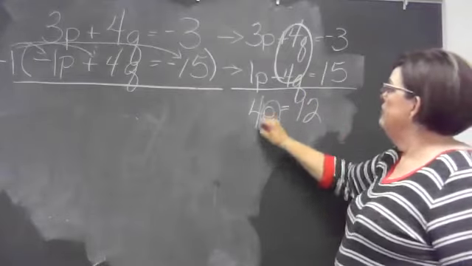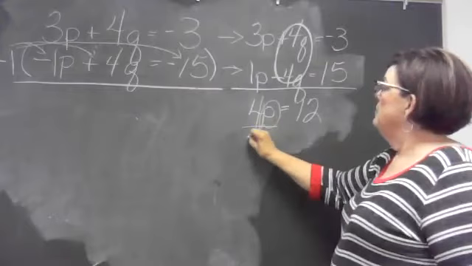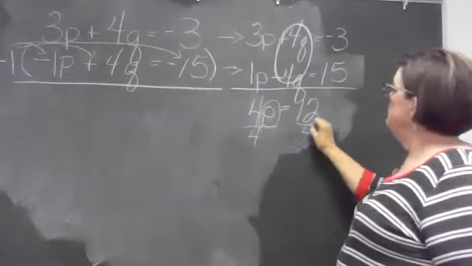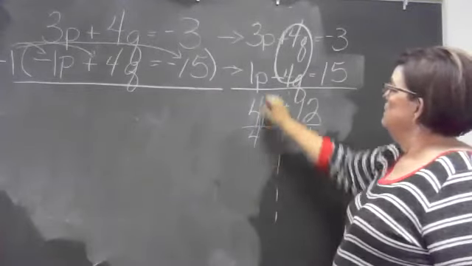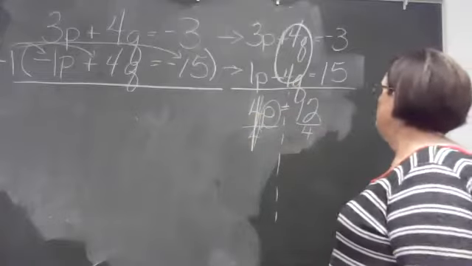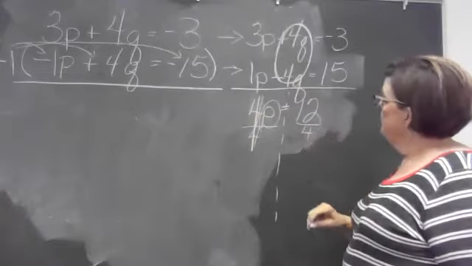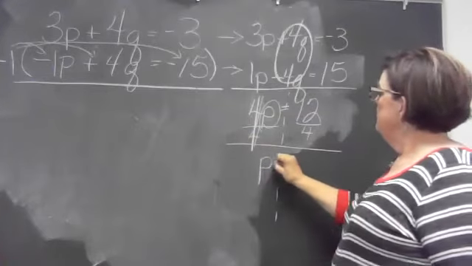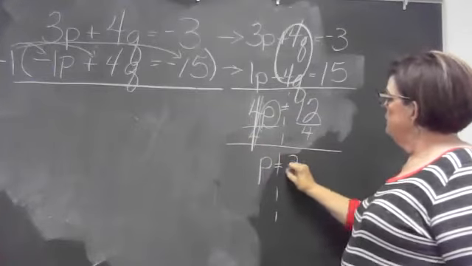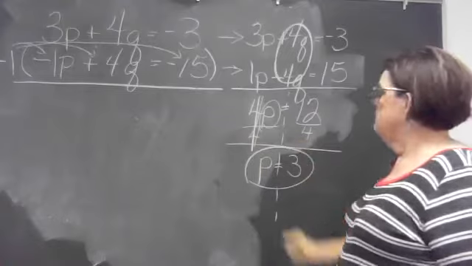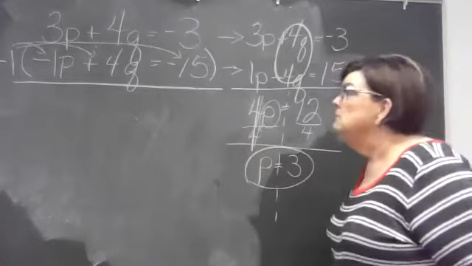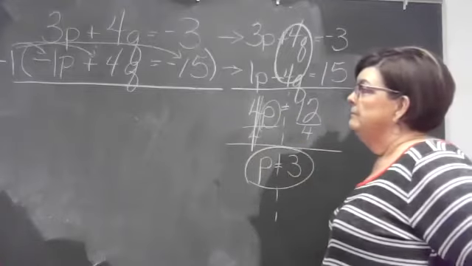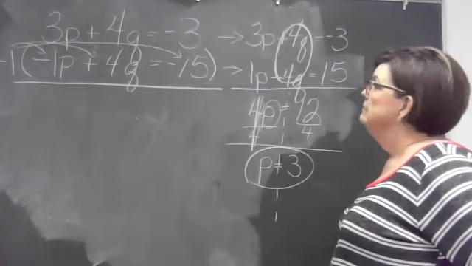I want to solve for P, so I'm going to divide by 4 on both sides. 4 divided by 4 is 1. 12 divided by 4 is 3. So we have 1p is equal to 3. Now remember, how did you get the -4? -1.